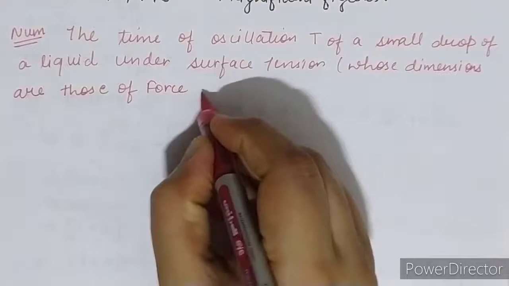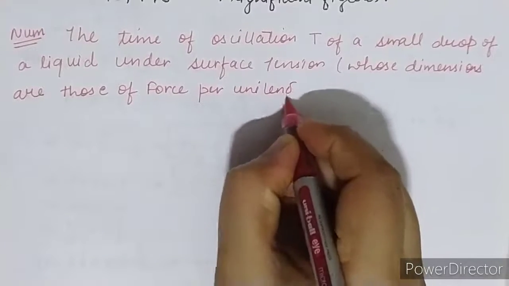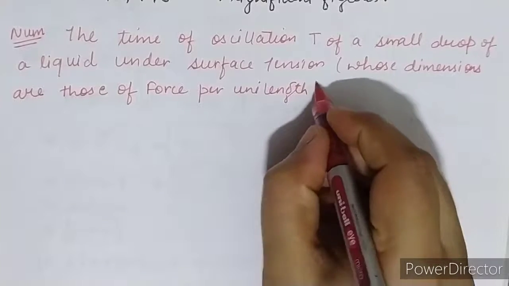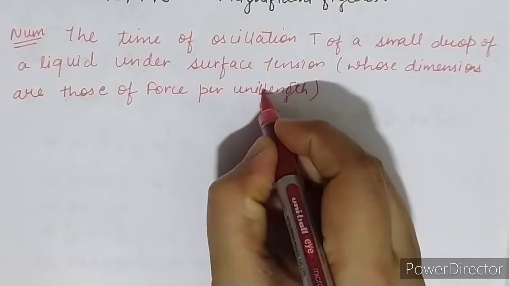Force per unit length means force upon length. This is the formula of surface tension. So through this you can make the dimensional formula and unit.